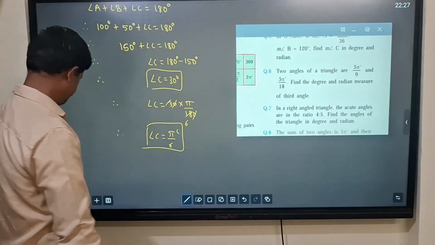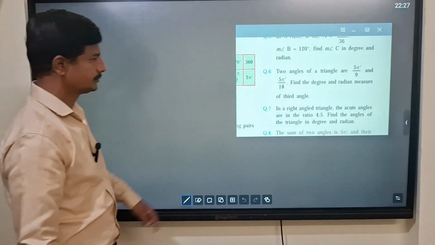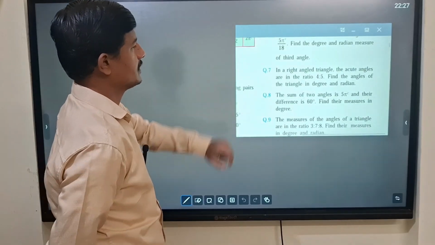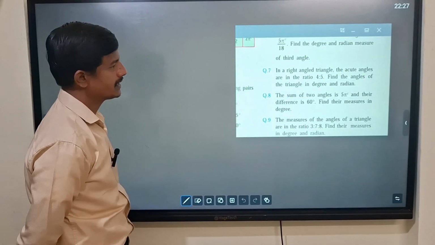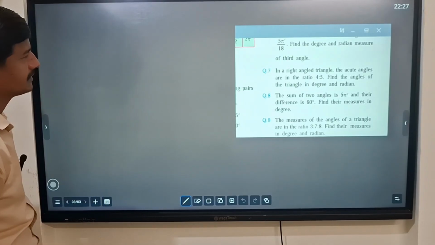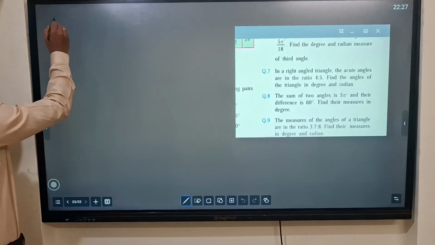Now next. In a right angle triangle, the acute angles are in the ratio 4:5. Find the angles of the triangle in degrees and radians. Now see, question 7.